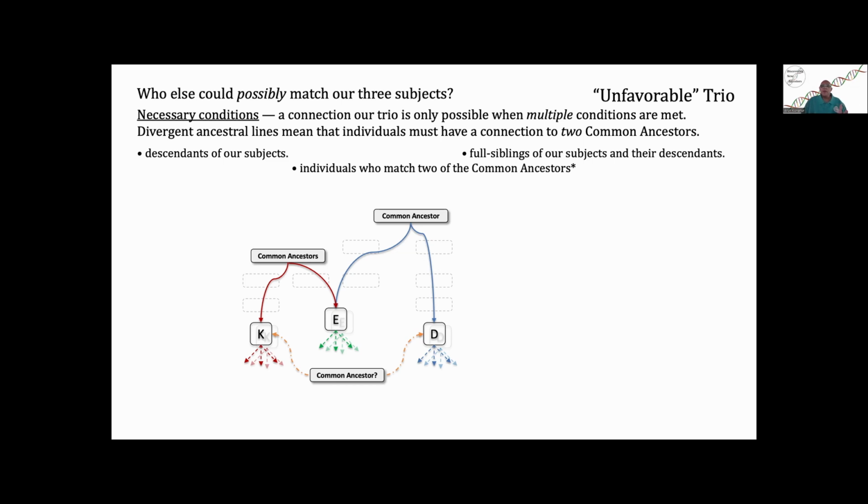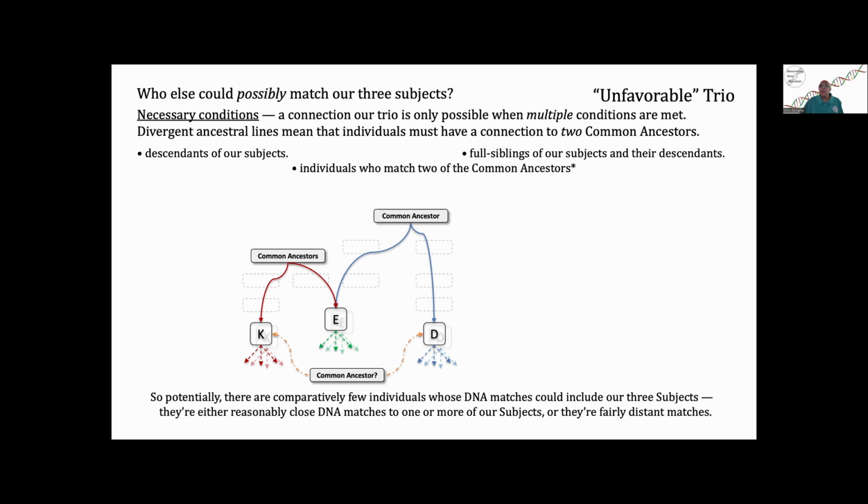So to summarize, there are comparatively few individuals whose DNA matches could include our 3 subjects in an unfavorable trio. They're either reasonably close DNA matches to 1 or more of our subjects, or they're pretty distant matches.